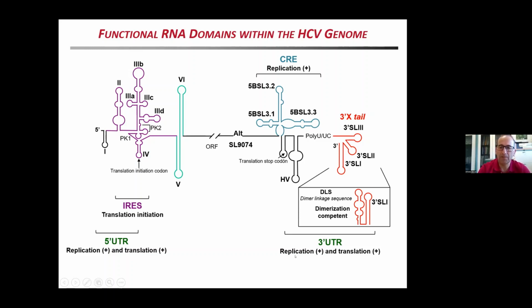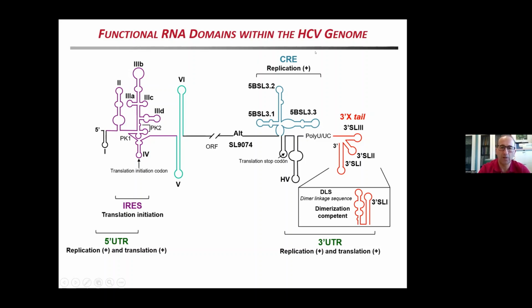This domain has been involved in replication and also in translation. And as I mentioned, at the 3' end of the open reading frame we find the CRE functional domain, composed of 3 structural units, 5BSL3.1, 3.2, and 3.3, which is essential for replication.